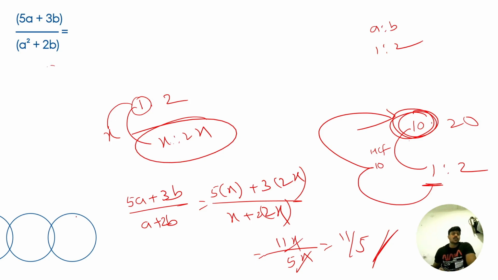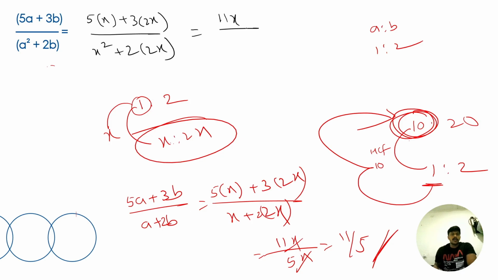But see our problem here. 5 into x, fine, 3 into 2x by x square plus 2 into 2x. Here you are going to get 11 in the numerator, that's fine. But in the denominator, if you take x common, x plus 4, at max you can cancel this one.